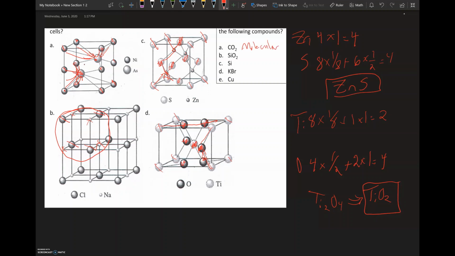Now looking at silicon dioxide, that's basically glass. Glass is going to be around for the rest of your life. You can't change it. It's very hard. So that's a good example of a covalent solid. Now silicon. You might think silicon's metallic, but is it metallic?